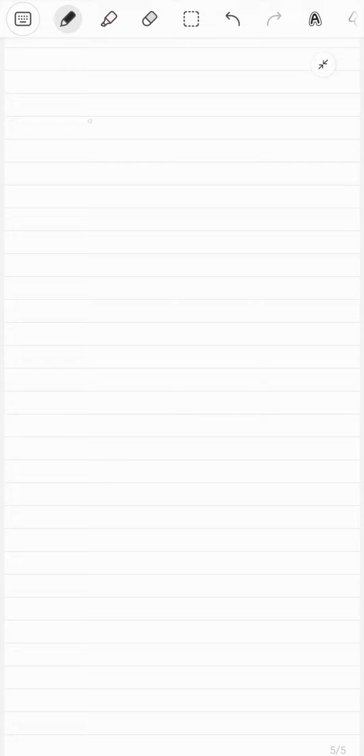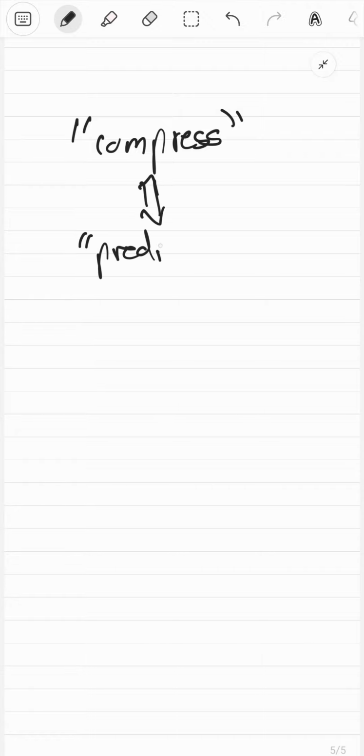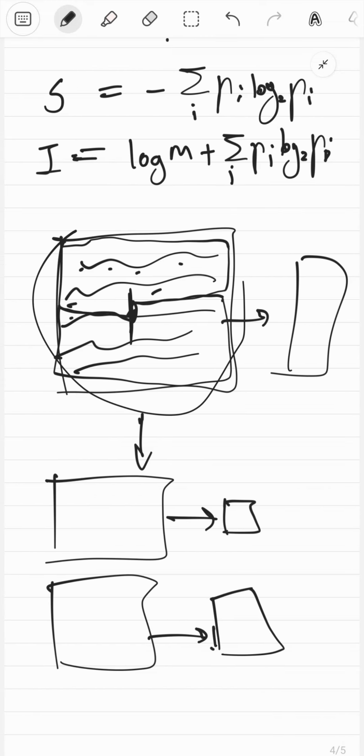So whenever I say compress in this example, this is equivalent to prediction for a classification model. And so what I'm doing here is basically something called a decision tree, but let's not get too deep into that. So what we need to do is just figure out what's the gain, right?